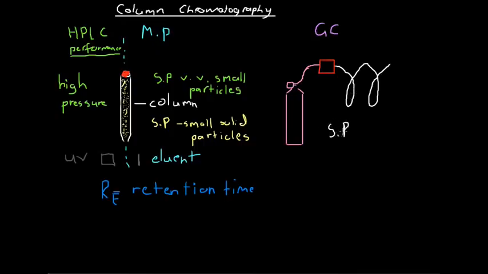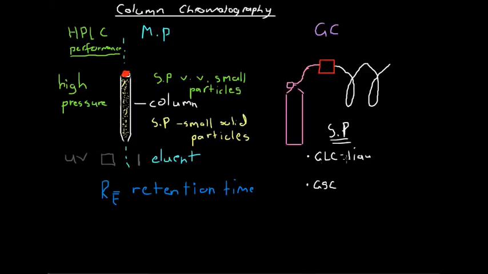There are two different types of gas chromatography: gas liquid chromatography and gas solid chromatography. Basically, the liquid or the solid in these two different types refers to what the stationary phase is. In gas liquid chromatography, the stationary phase is the liquid that is coating all this solid inside the column.